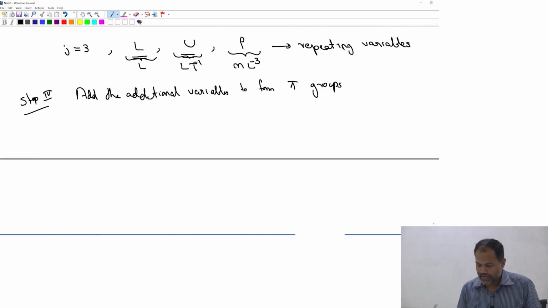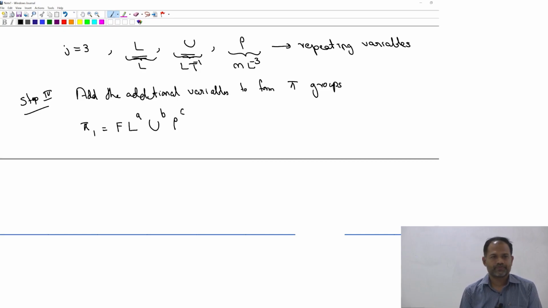So our first pi group, which I'll call pi 1, is going to be just F times L to the power A, U to the power B, rho to the power C. So L, U and rho are my repeating variables. I raise each of them with a certain power and multiply it with some force, and that's what I am going to call my first non-dimensional group.